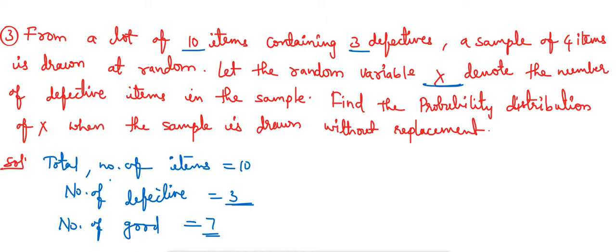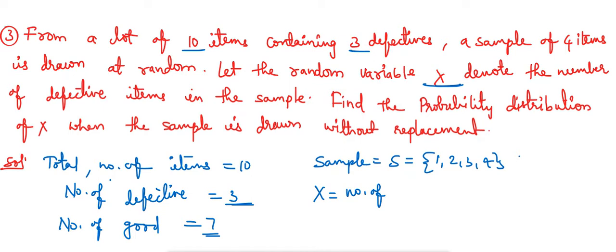Next, we can take the sample. The sample S has 4 items, that is 1, 2, 3, 4 items. In that, capital X is the number of defective items. This is the random variable. In the 4 items of the sample, how many defectives are there?